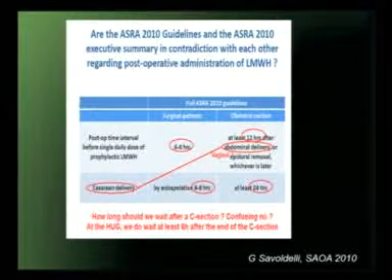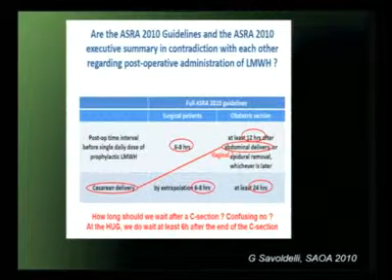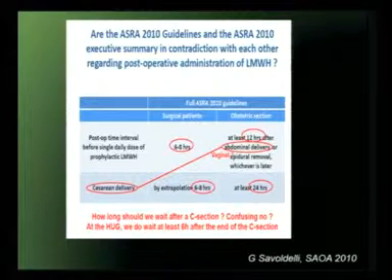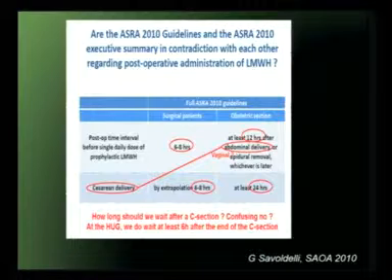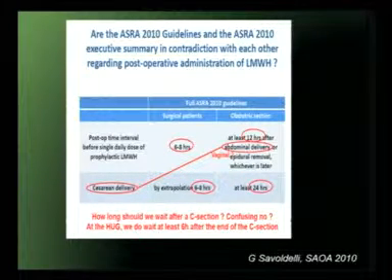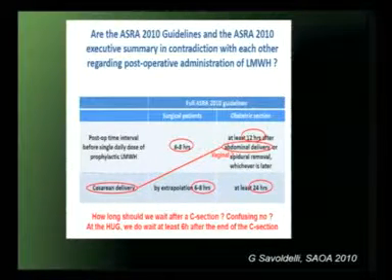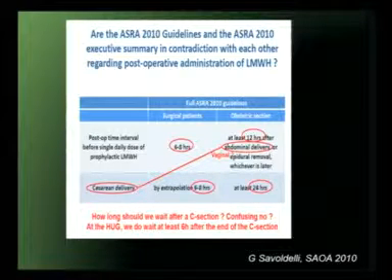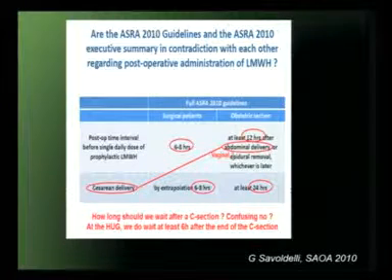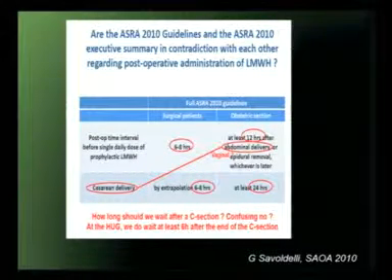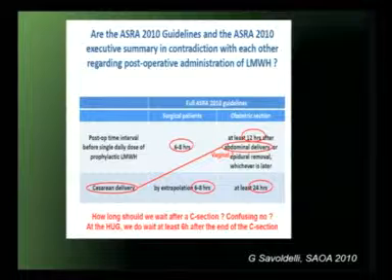Again, there is a confusing consensus. If you read the ASRA guidelines 2010, they say the post-operative time interval for the single dose regime and prophylactic is 6 to 8 hours, and when it comes to cesareans, they say it's 12 hours after surgery. So even in the same guideline, if you read the obstetric section and the surgical patient section, there is a difference of opinion.